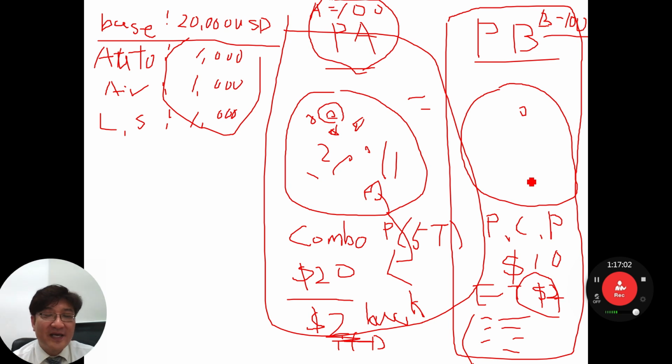The endowment effect is that I've already got endowed. Once we have possession of the product, the product becomes a lot more important to me. We can also apply this endowment effect in auctions.